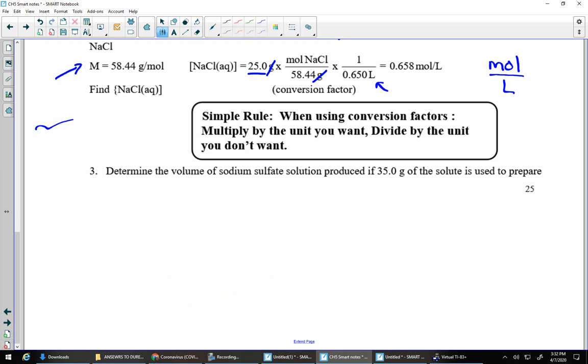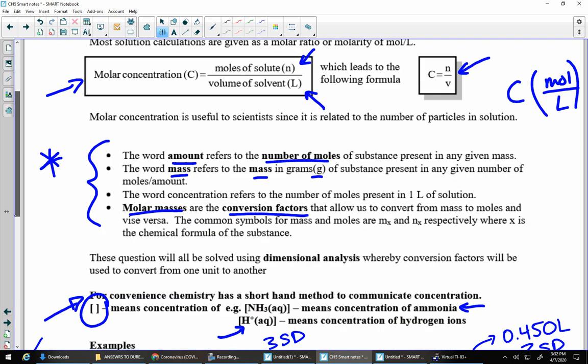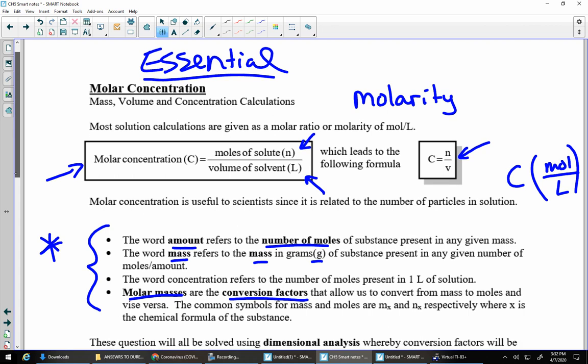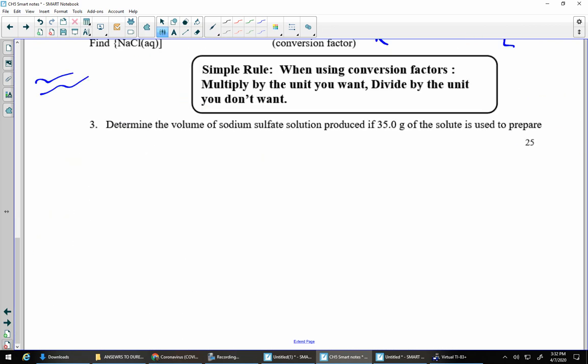Okay, go back to this, and whatever color we have is good enough. And then we just need to know, what are we actually looking for? A 1.24 mole per liter solution.